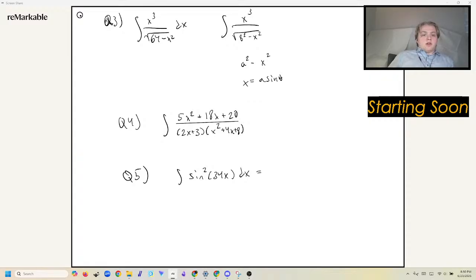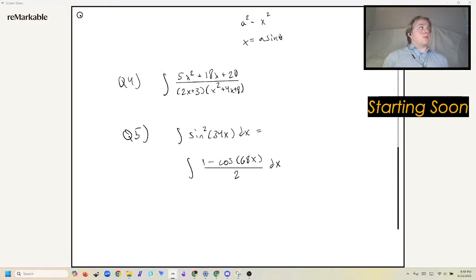One thing we can do with sine squared of x is turn it into (1 minus cosine 2x) over 2. That is a power reduction formula. So we're going to give that a try. We'll have 1 minus cosine 2x here. We already have 34x, so that'll be 68x. And that'll all be over 2 dx.